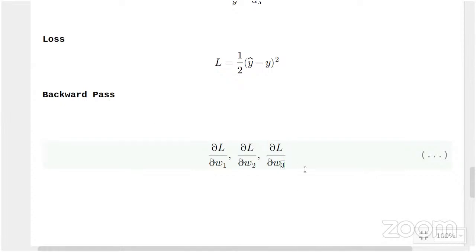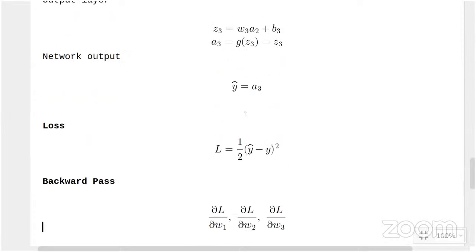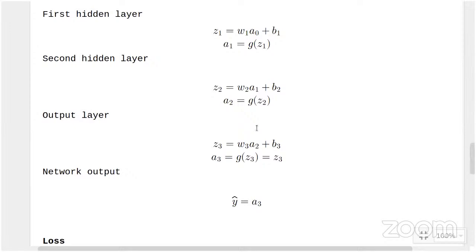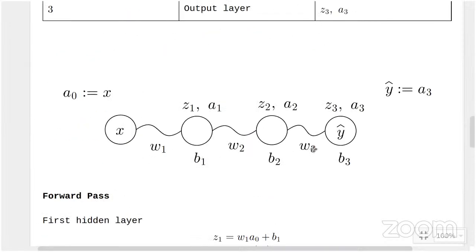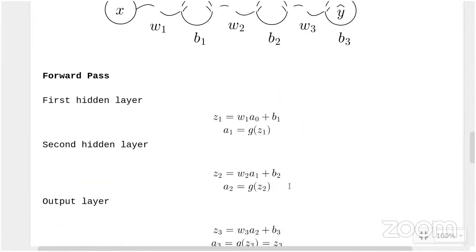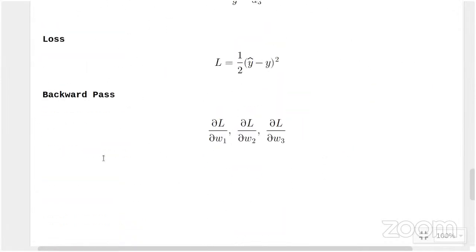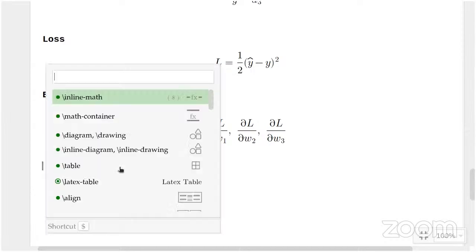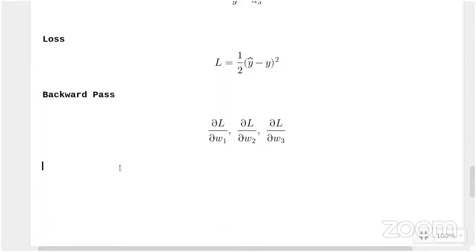The bias is important, but let's not worry about computing its gradients now. So we need these 3 gradients to update the weights. What do you think is going to be the first step? First will be dL by dW3.